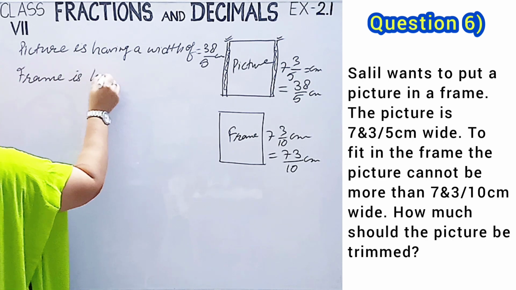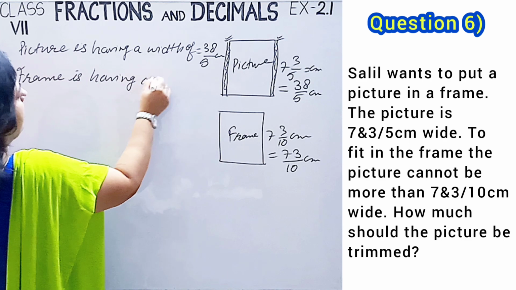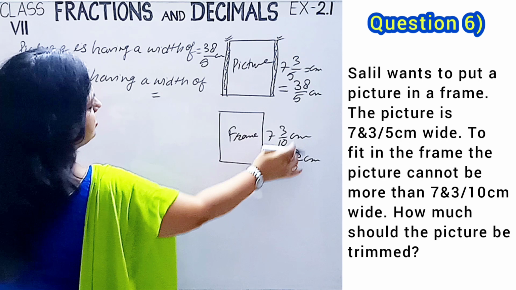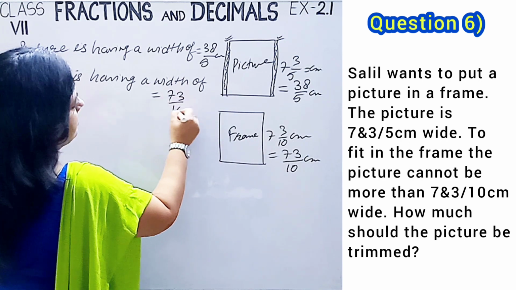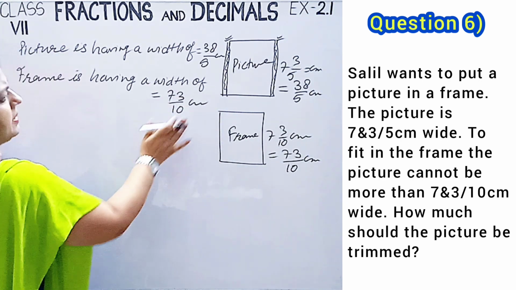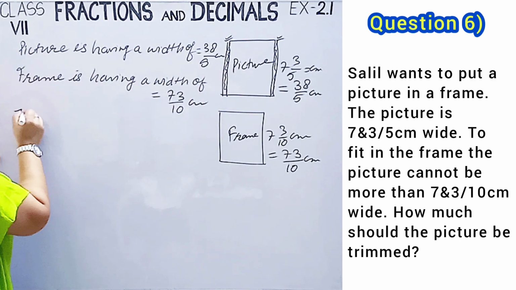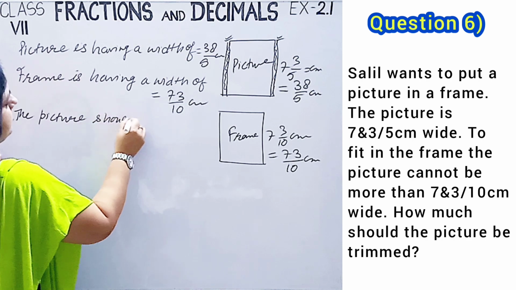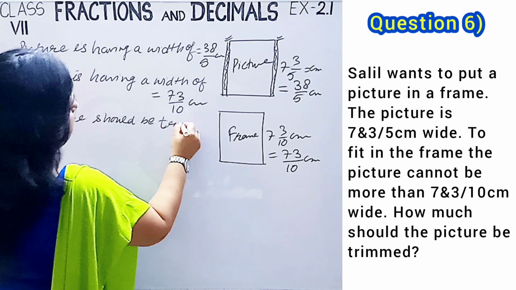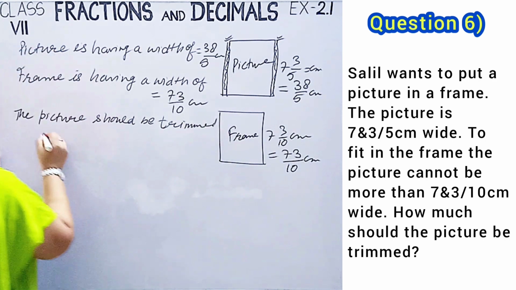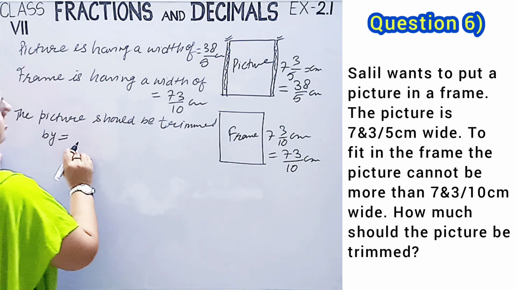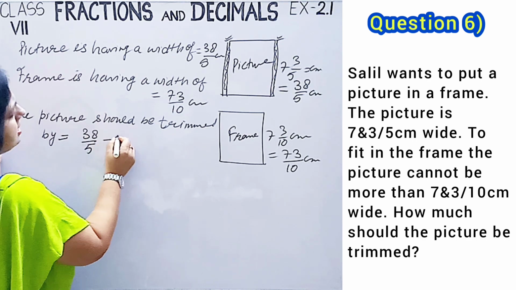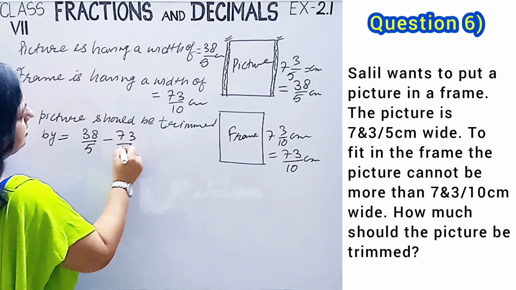The frame has a width of 73 by 10 centimeter. Now the picture should be trimmed by 38 by 5 minus 73 by 10.